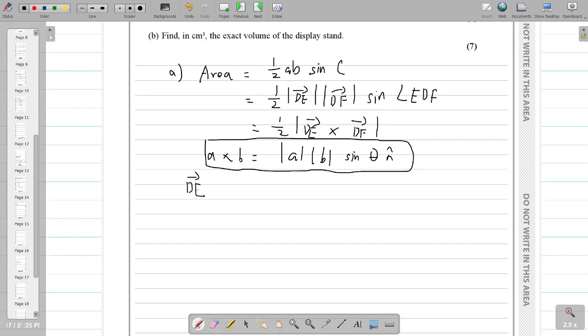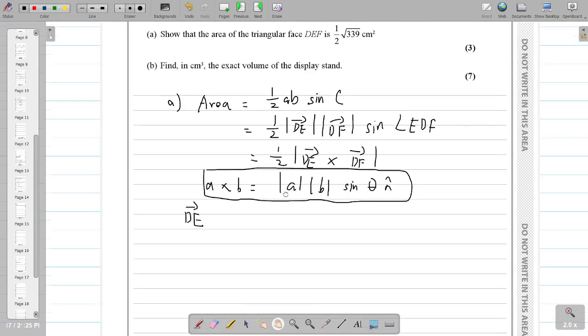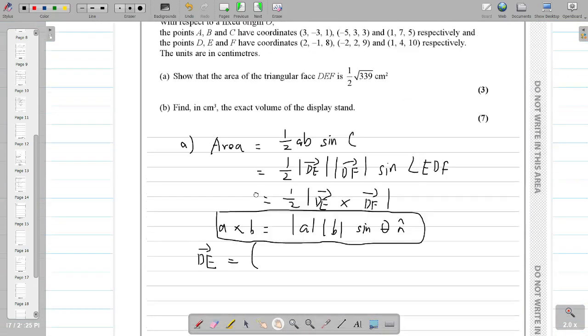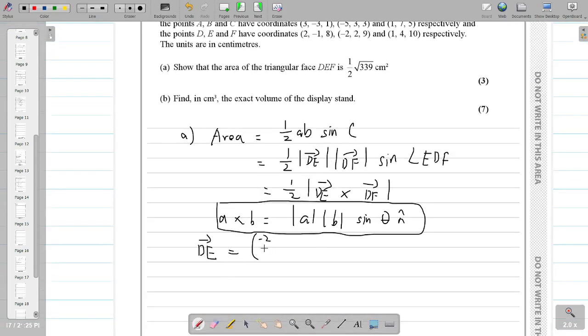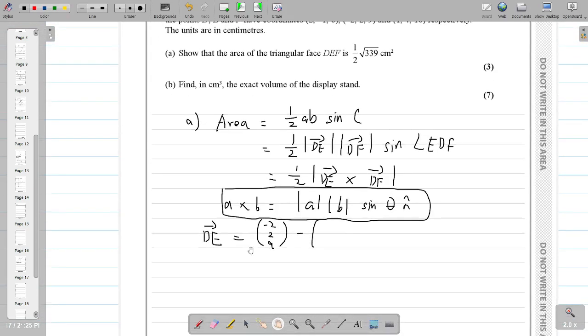DE is equal to OE minus OD. So we're going to use column vector notation. So E is this minus OD, which is this. So DE is equal to negative 4, 3, 1. All right.